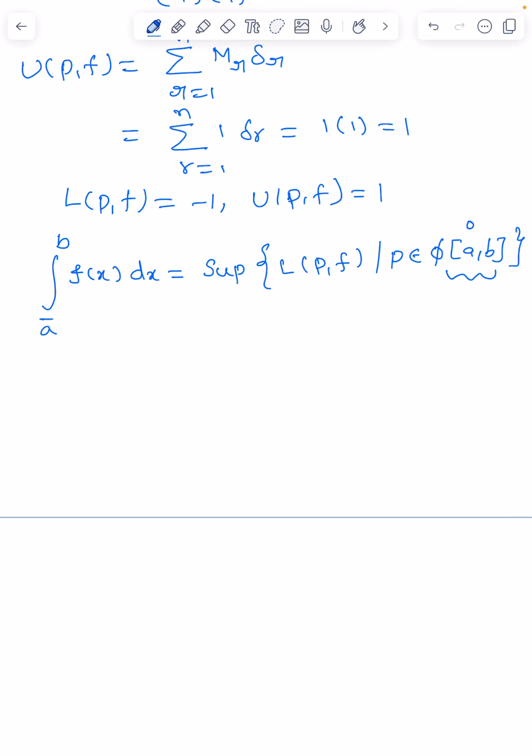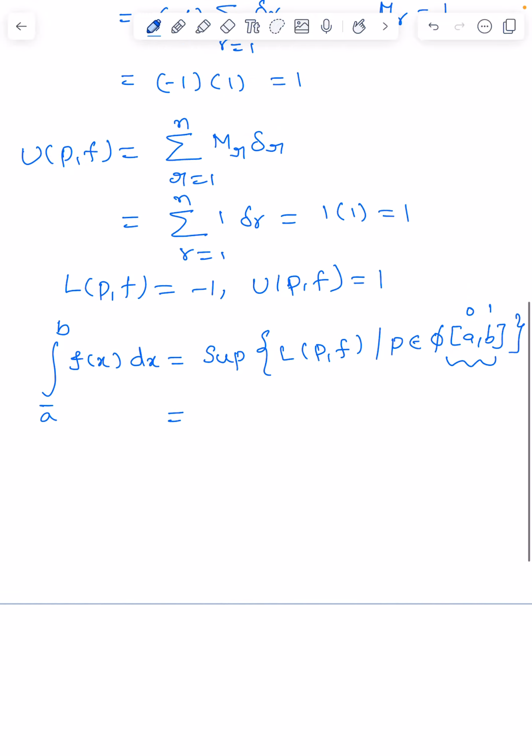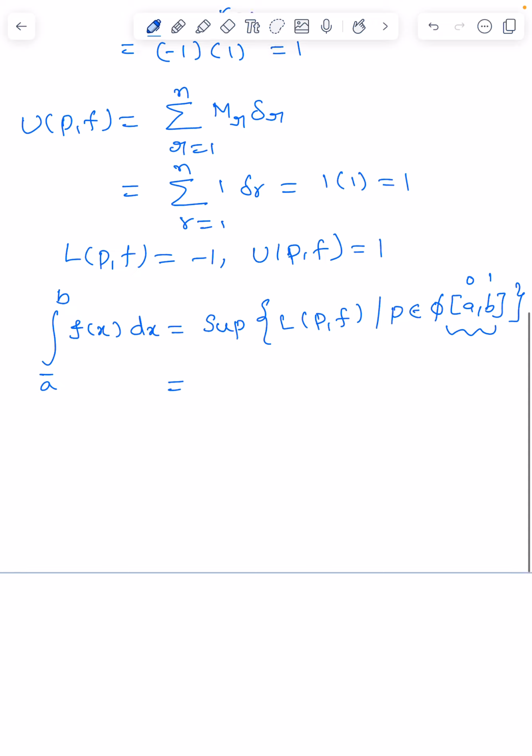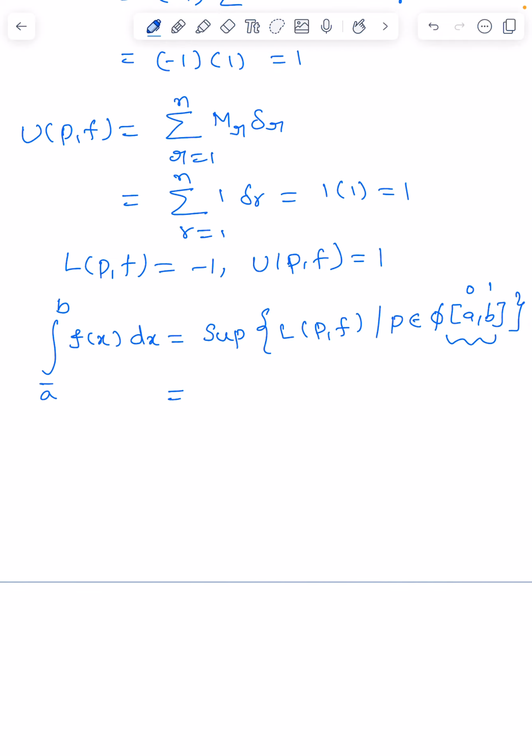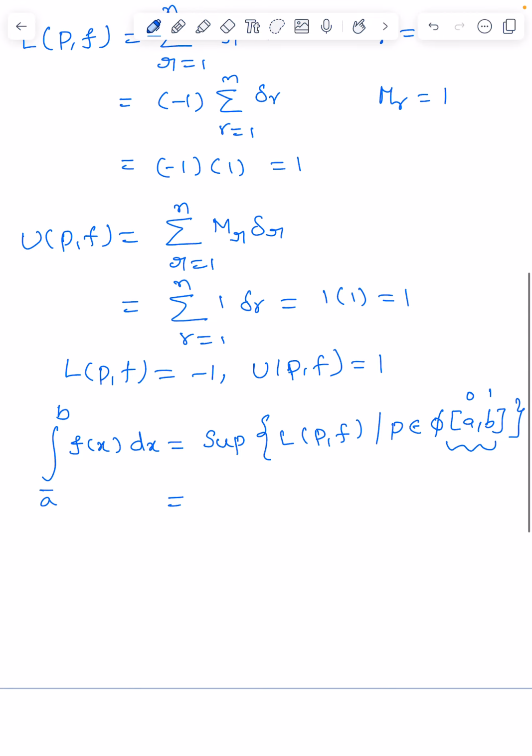Here a is 0 and b is 1. Because of our calculation already, L(P, f) is minus 1, so the supremum of L(P, f) is minus 1. I'm sorry, last time I said it is plus 1, but this is minus 1. So you simply get minus 1 here.